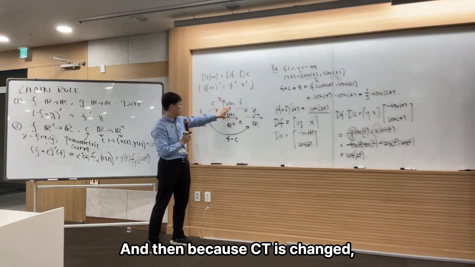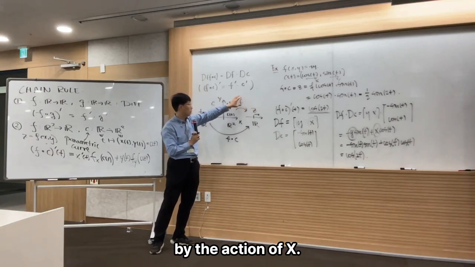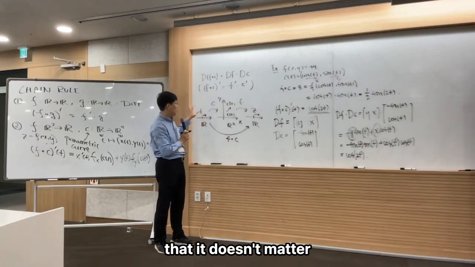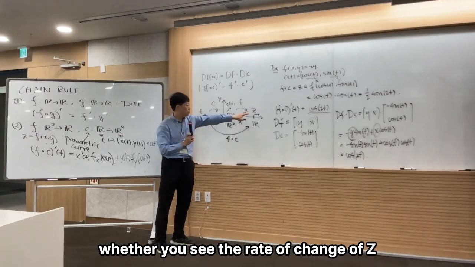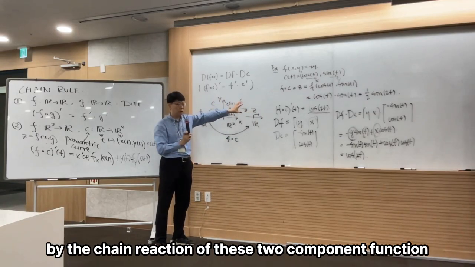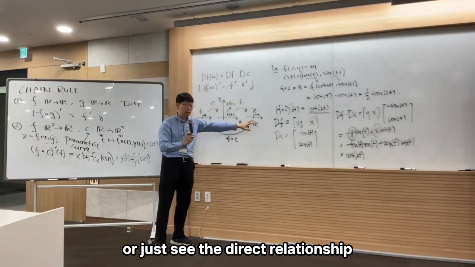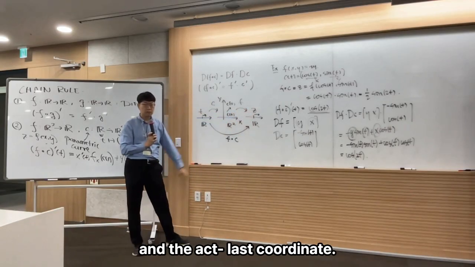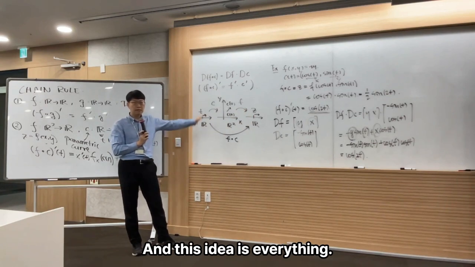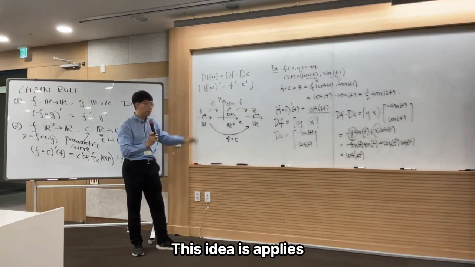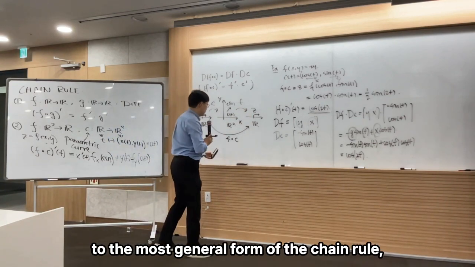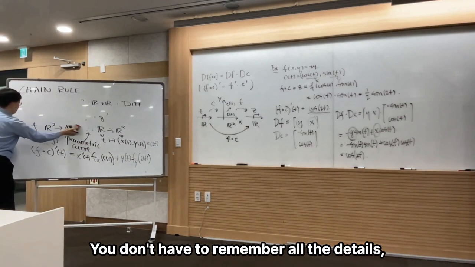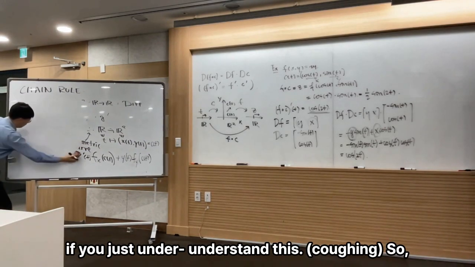And because c(t) is changed, you can see the change of z by the action of f. The chain rule only says that it doesn't matter whether you see the rate of change of z by the chain reaction of these two functions, or just see the direct relationship between the first coordinate and the last coordinate. This idea is everything. This idea applies to the most general form of the chain rule. You don't have to remember all the details if you just understand this.